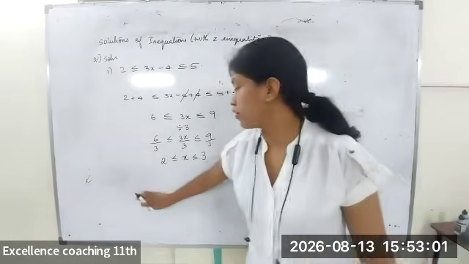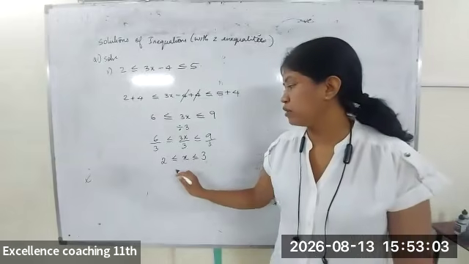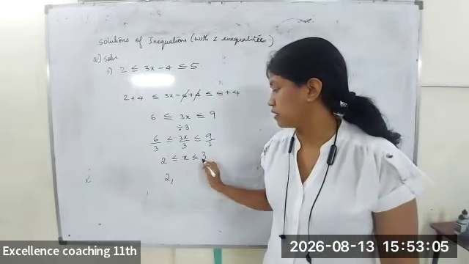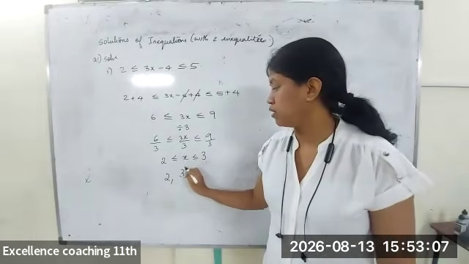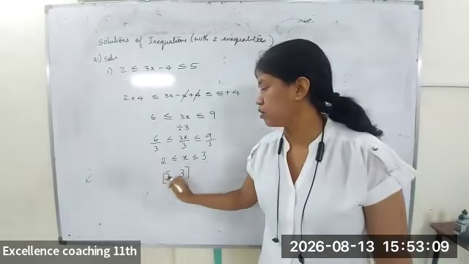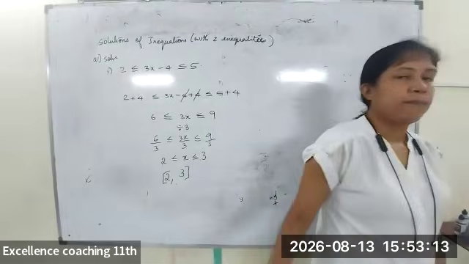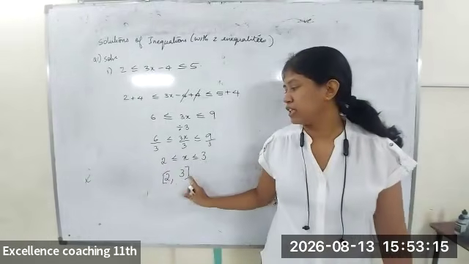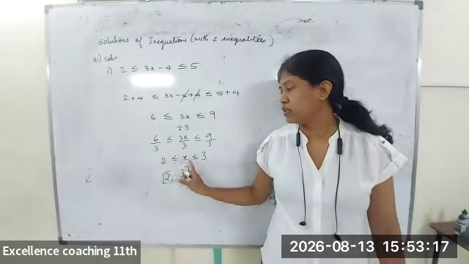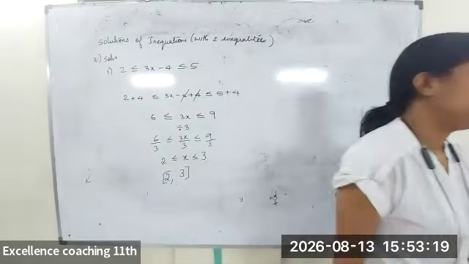Now your final answer, you have to write it in a real number form. Who is a smaller number? 2. Write first. 3. Both have equal to sign. So square bracket for both. So x lies between 2 and 3. Starting with 2, ending with 3, square bracket because they have equal sign.